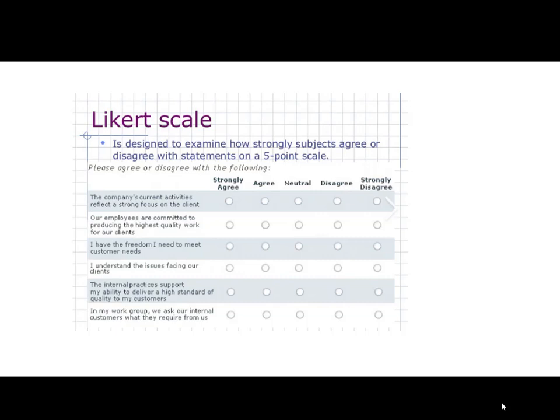This is a Likert scale, and it's designed to examine how strongly subjects agree or disagree with the statement on a 5-point scale. The 5-point scale is strongly agree, agree, neutral, disagree, and strongly disagree.